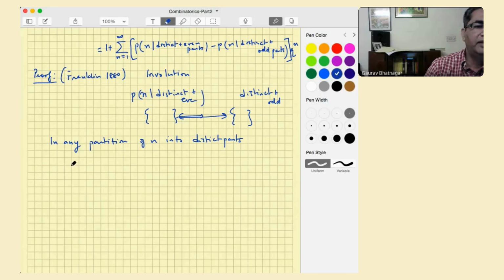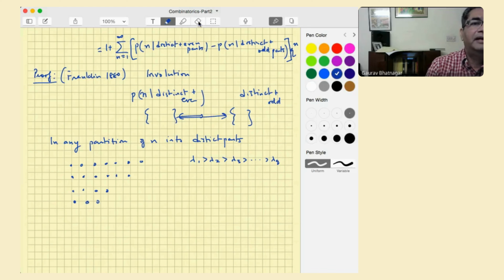You look at two statistics. So this is a partition lambda 1 bigger than lambda 2, bigger than lambda 3, and so on, up till lambda, let's say, q.